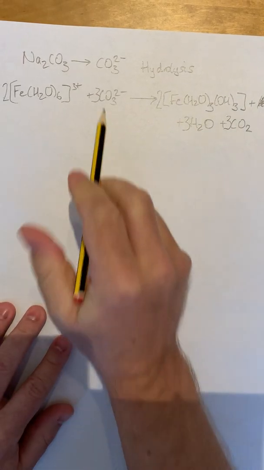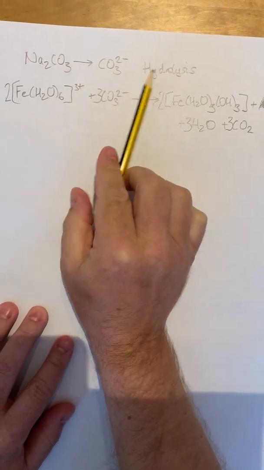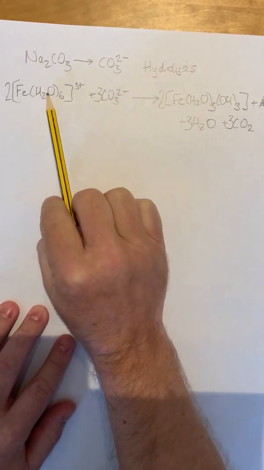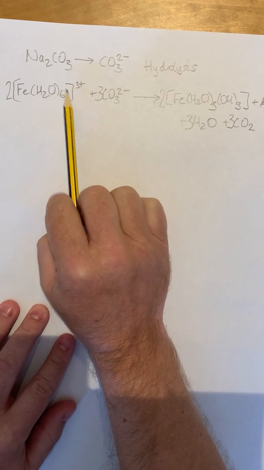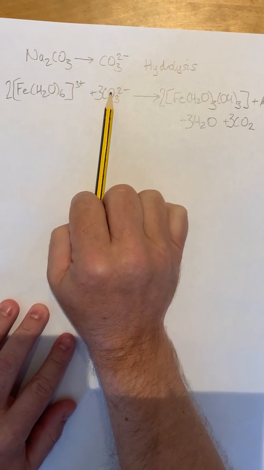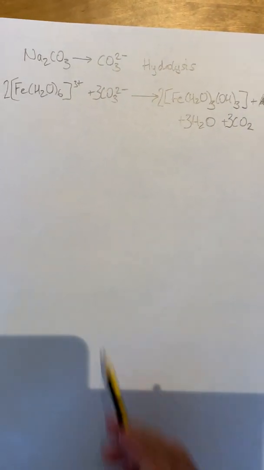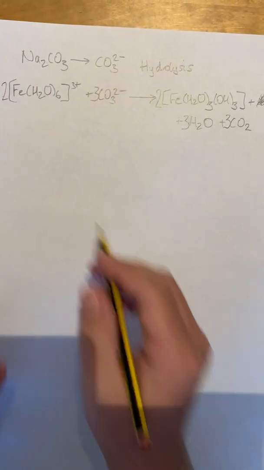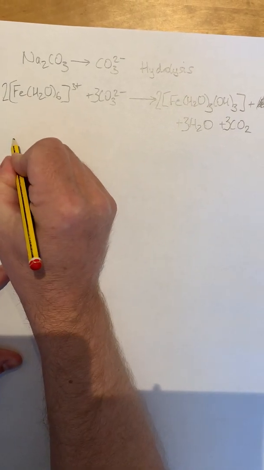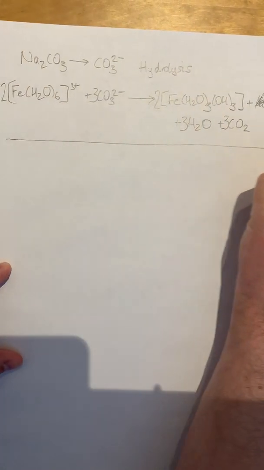So what that means is that because it's hydrolysis, that carbonate isn't actually reacting with the transition metal complex. It's reacting with the H3O+ that's present in the solution. So I'll just quickly go through this, give you an idea of what's going on.